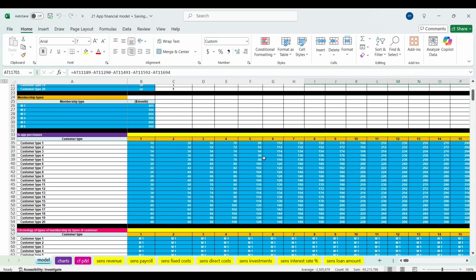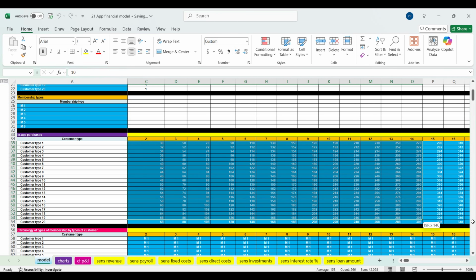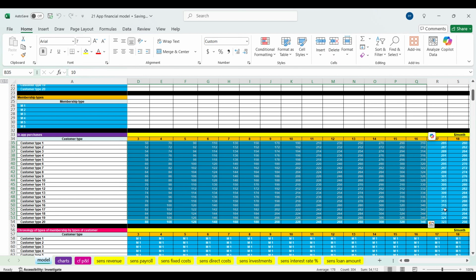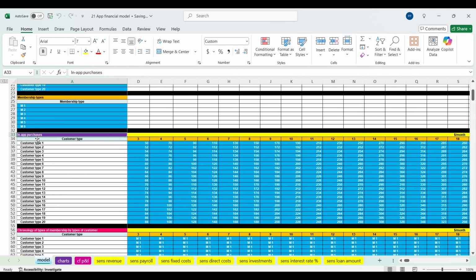Because when you launch your app, the revenue from in-app purchases will be low, and it will start growing at different speeds, and you will be able to create different copies of this model and see how different growth of the in-app purchases will affect the amount of money that you will need to start this business in this or that scenario.